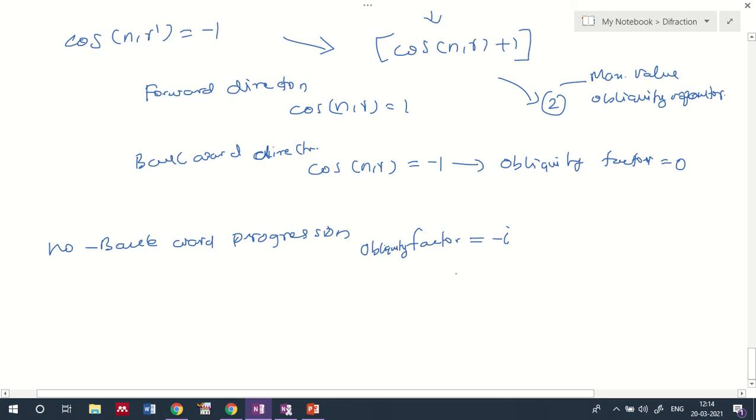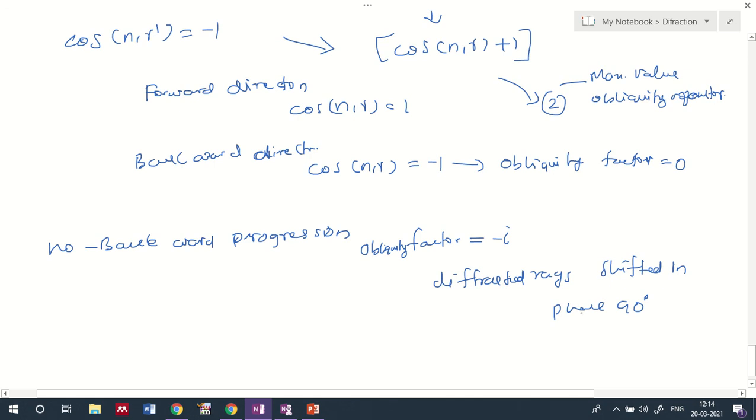What it means is that the diffracted rays are shifted in phase by 90 degrees. So that's the reason why we got a minus i.